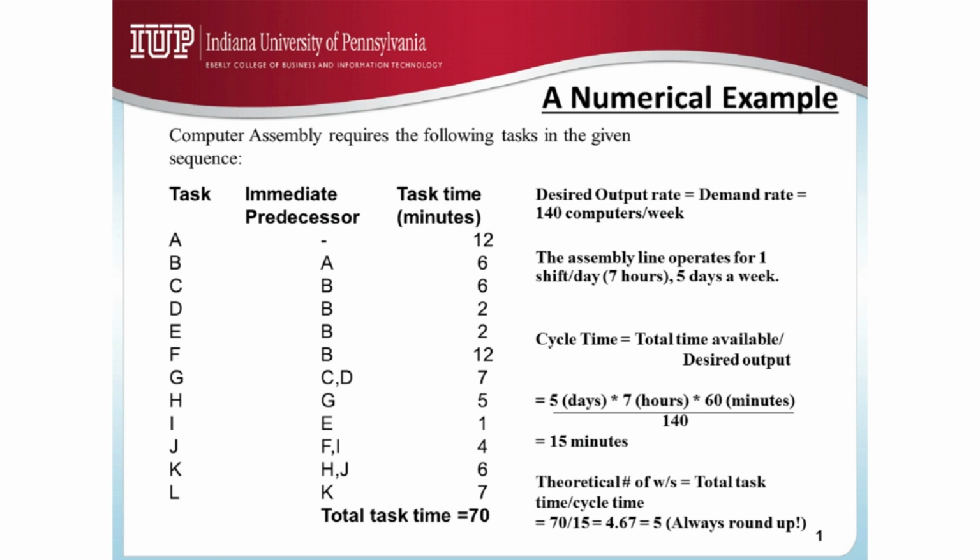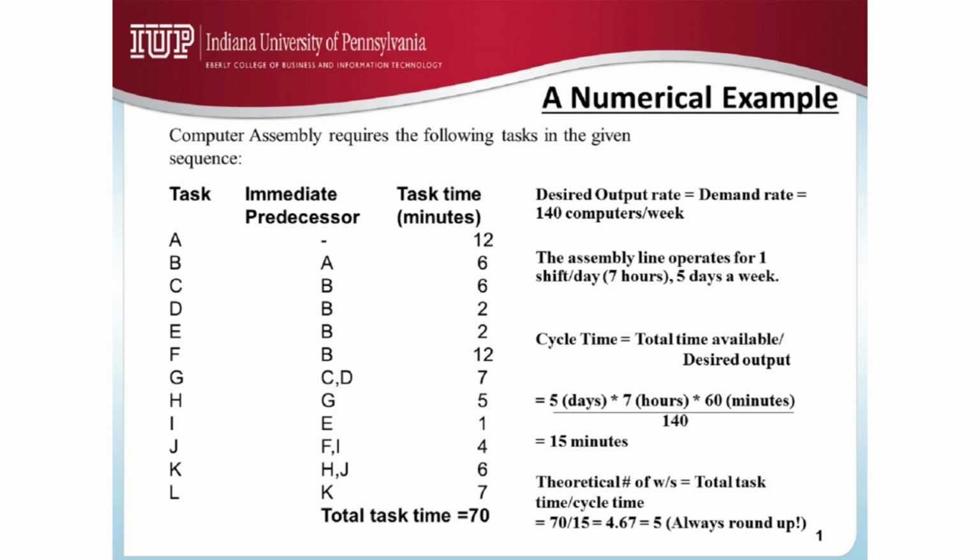So it is 140 computers per week. And please make sure that you don't get confused between the different time periods when you solve this problem. Here we are talking about the demand per week, whereas the task times are given in minutes.